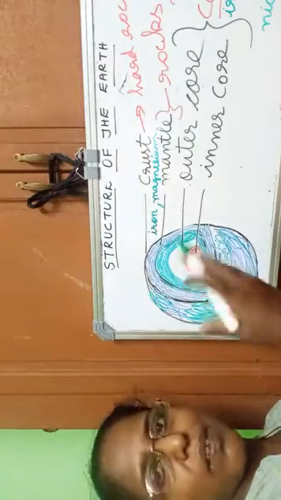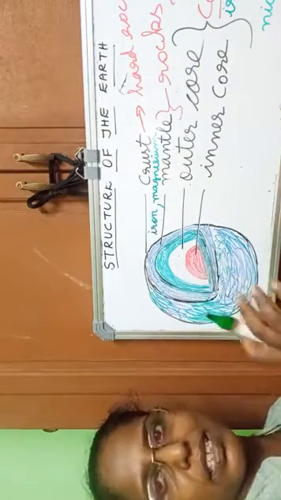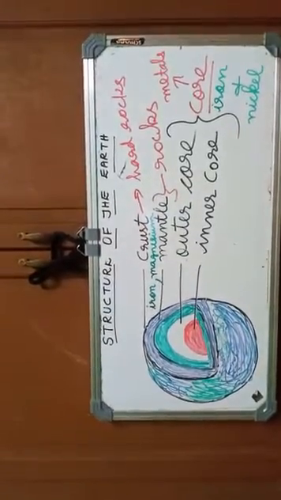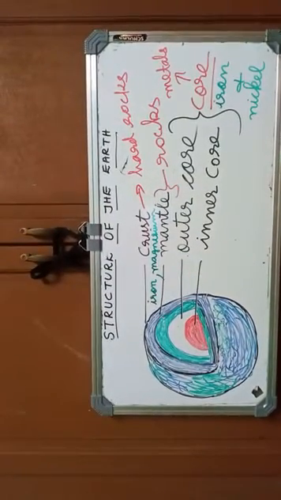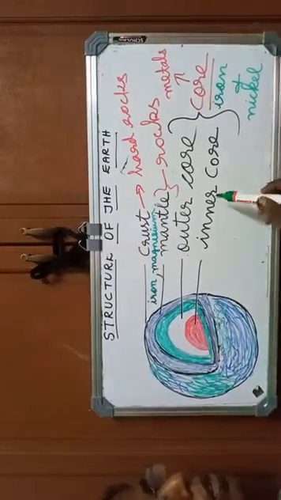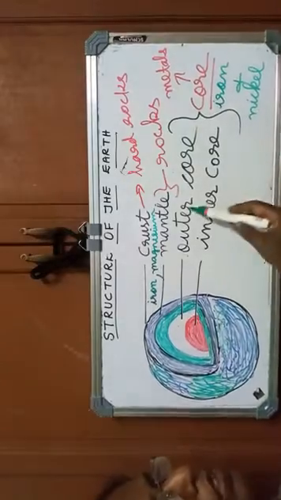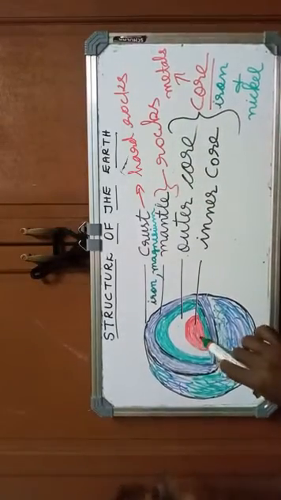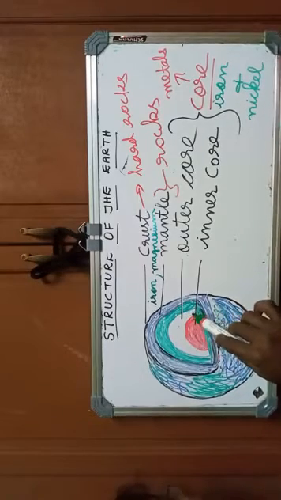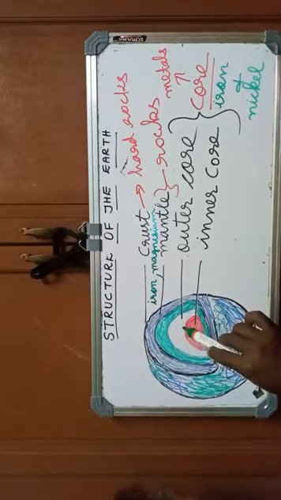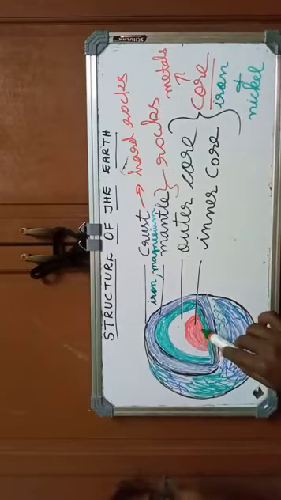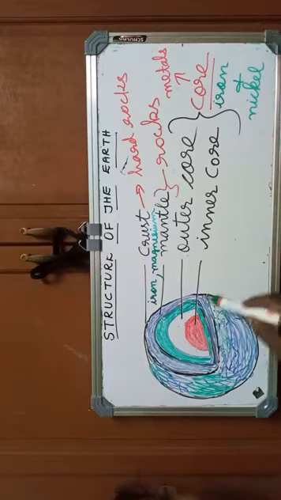Both are made of iron and nickel, but the center part is harder than the outer core. The outer core is partially molten metal, and inside it looks like a solid ball of metal.